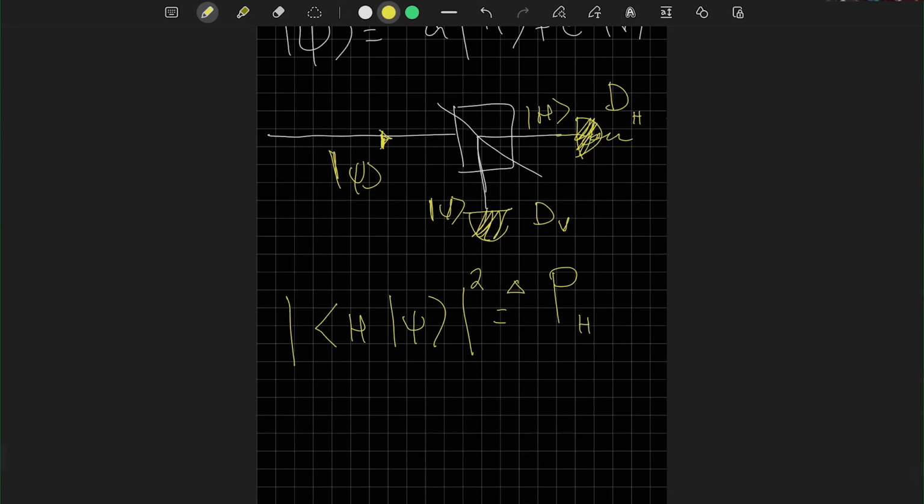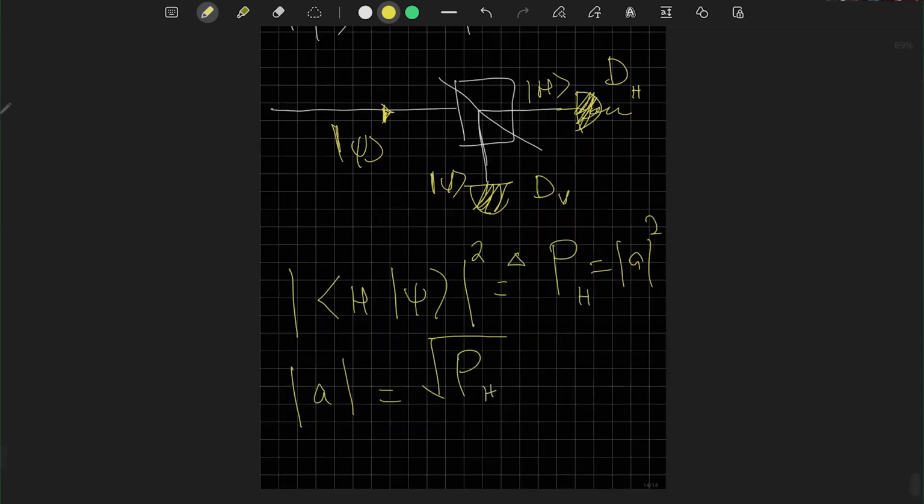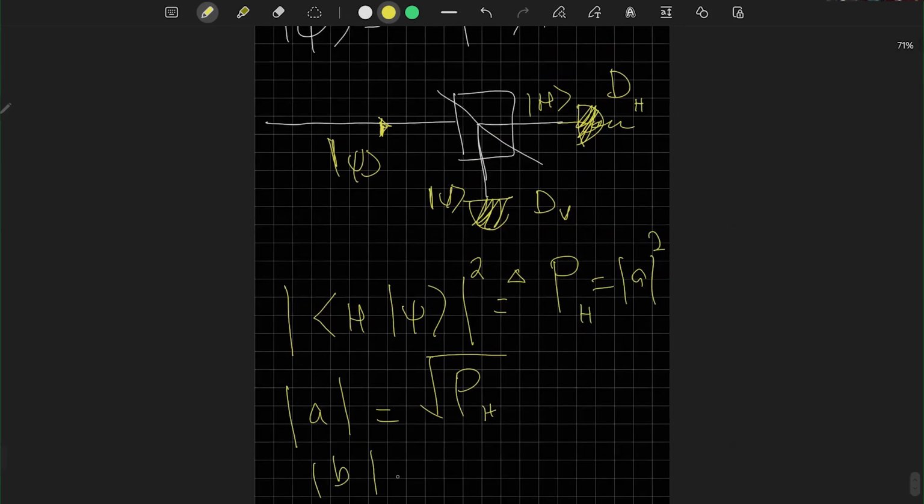The initial quantum state overlap with the horizontally polarized state gives the probability that this detector clicks. Now, if I find this probability P_H, this probability is A mod square, so A mod will be equal to this experimental observation. Likewise, B mod square will be 1 minus P_H.